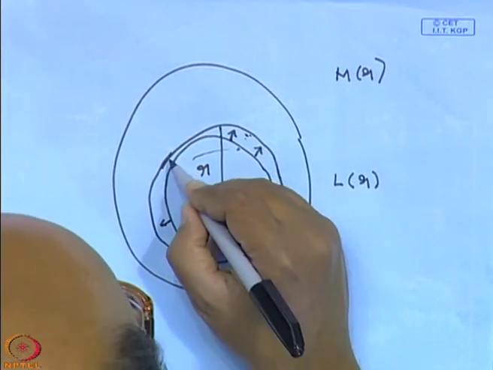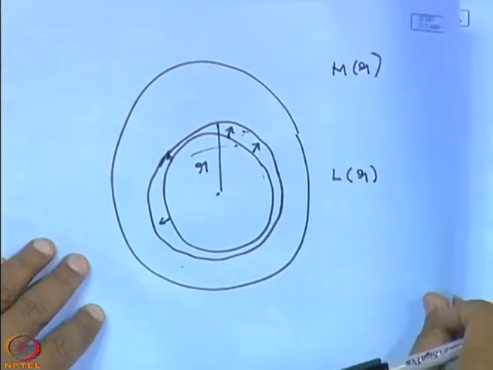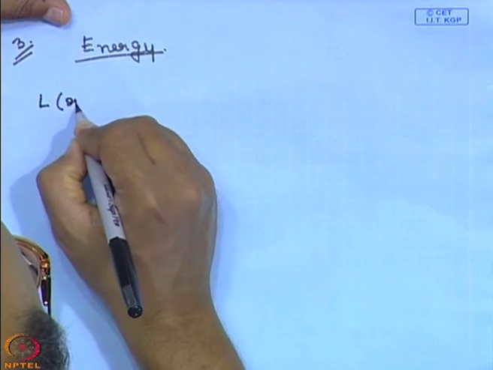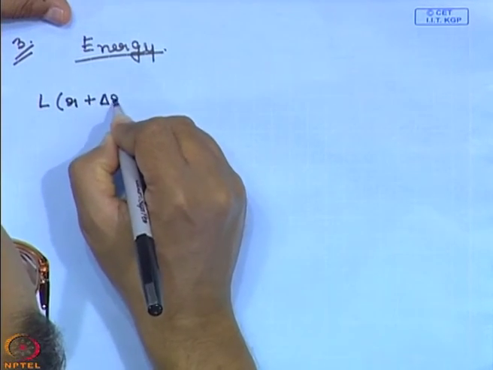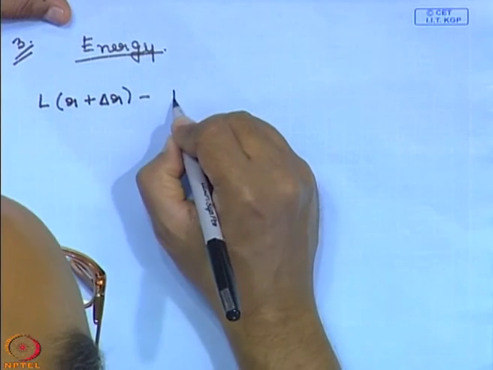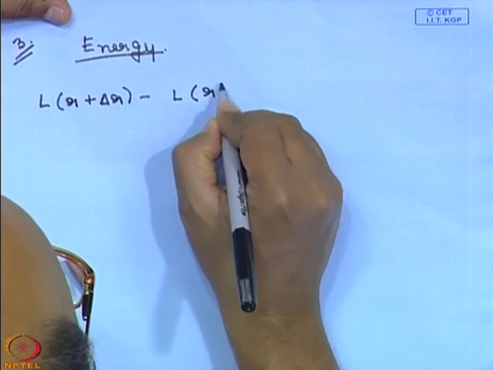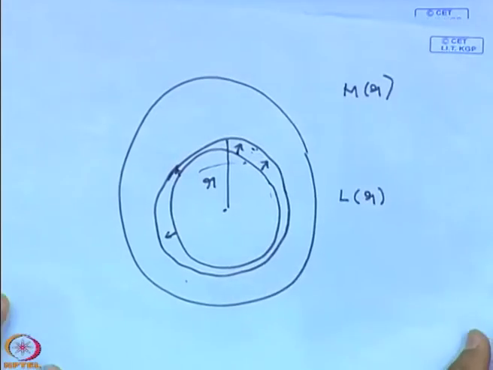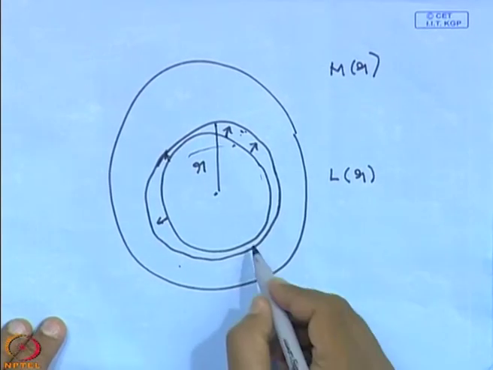Right, the difference in the total radiation coming out from these two surfaces is the energy which is generated in this shell.